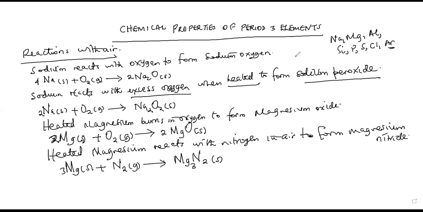So after magnesium, we go to aluminium. Aluminium is stable in air. The stability is due to the formation of a thin layer of aluminium oxide that resists further reaction. So it's stable in air at ordinary temperatures.